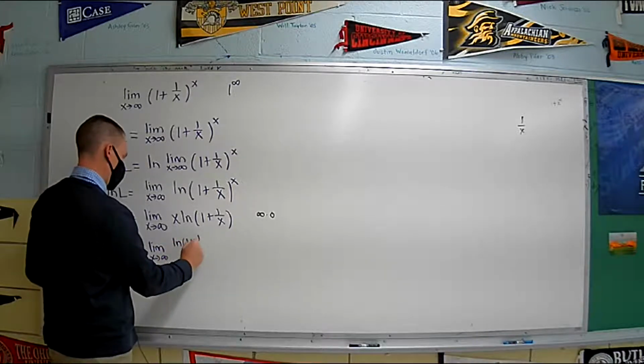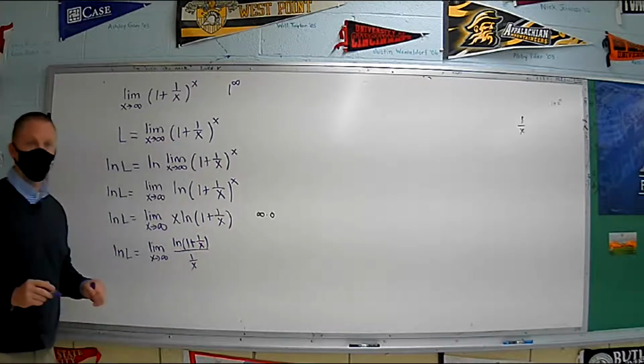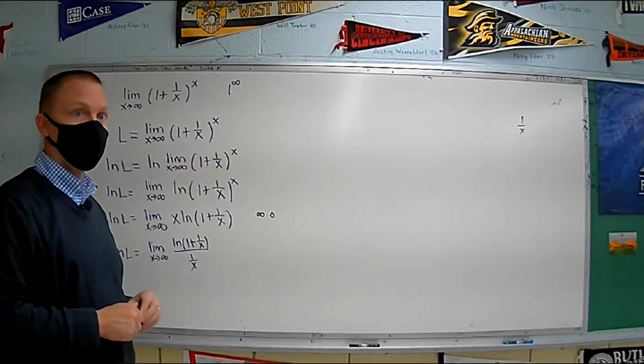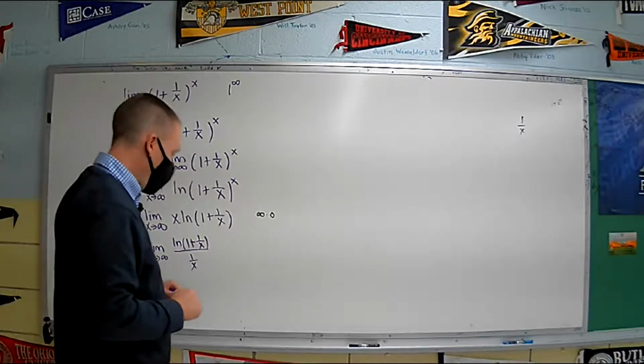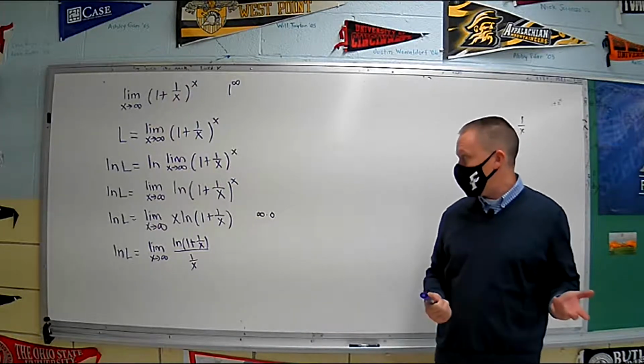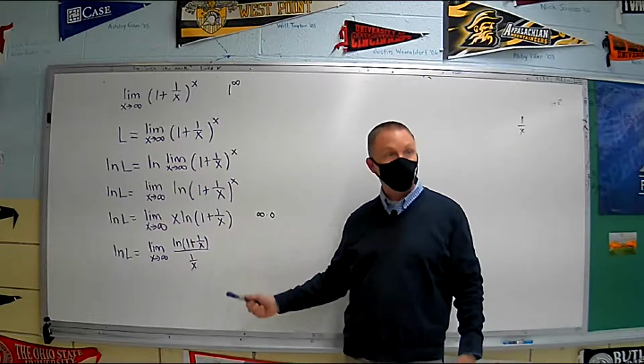Right. Yeah. So we wrote it like that. Okay, now we got a fraction. And notice, now we're looking at 0 over 0, which is still indeterminate.